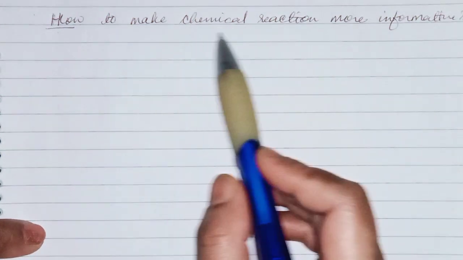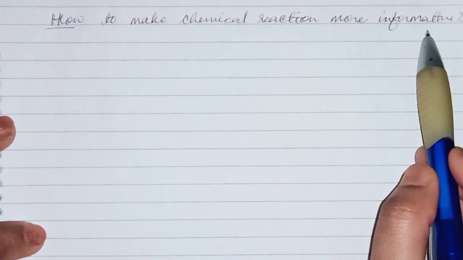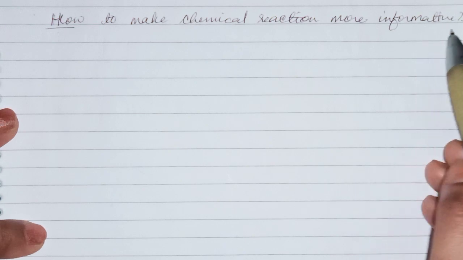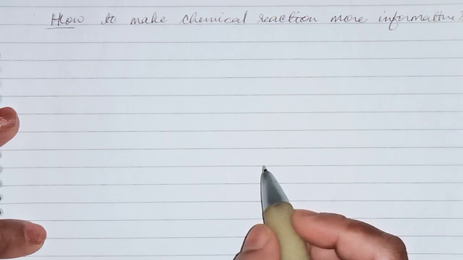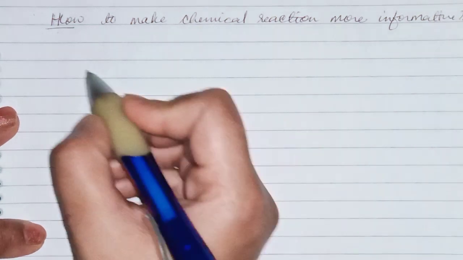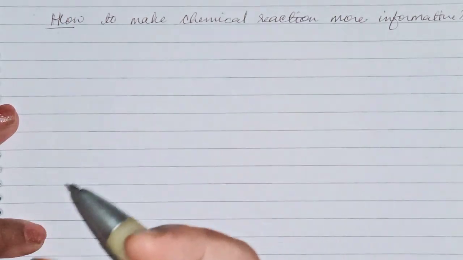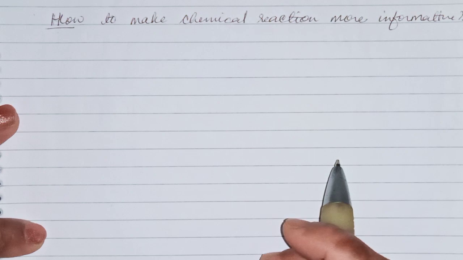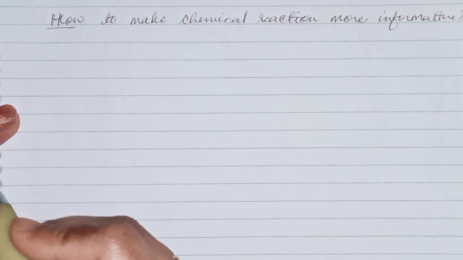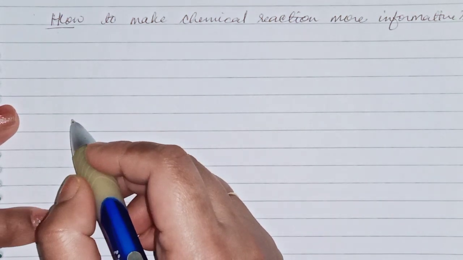Next is how to make a chemical reaction more informative. Informative means it will give you more information. Like this, some symbols or some letters from the alphabet we use to give more information to a chemical reaction.